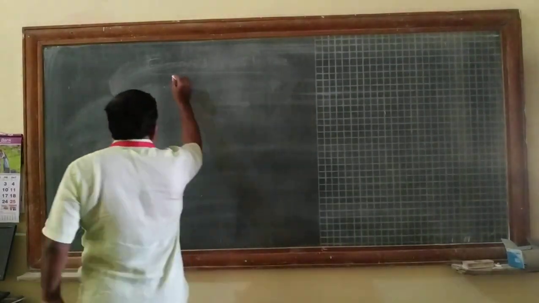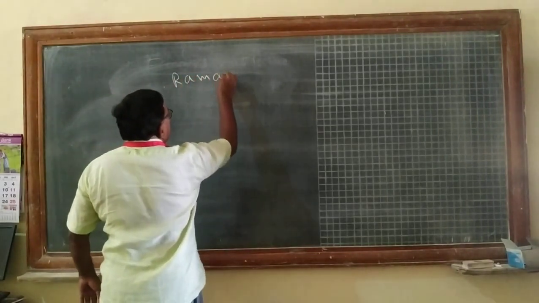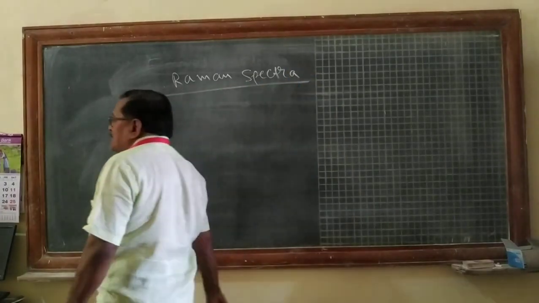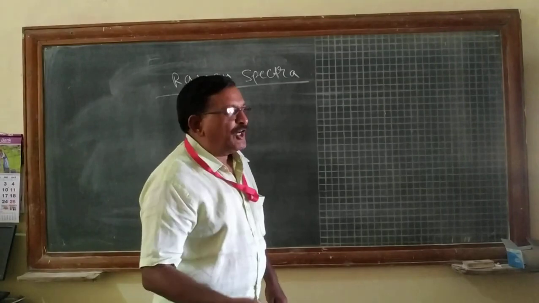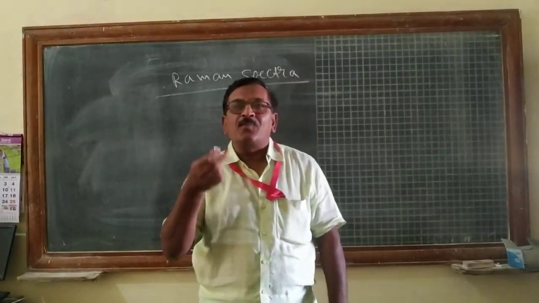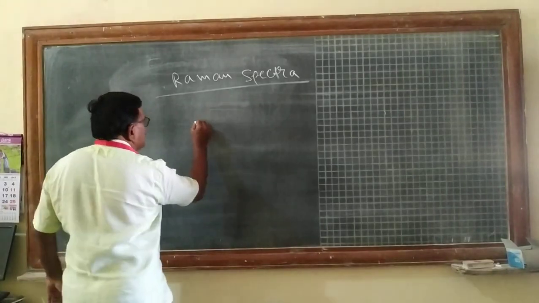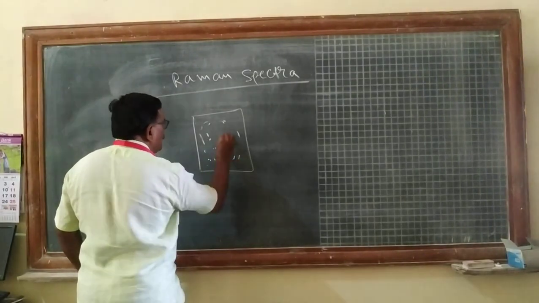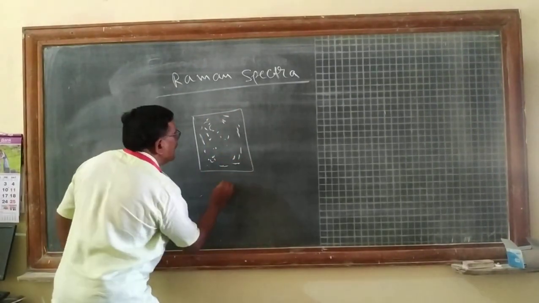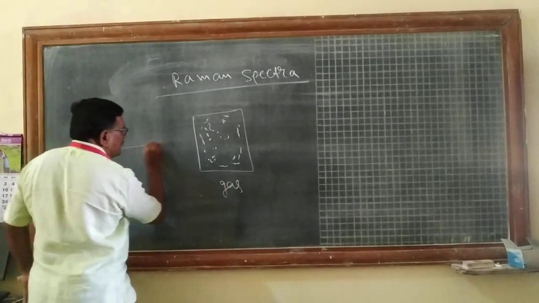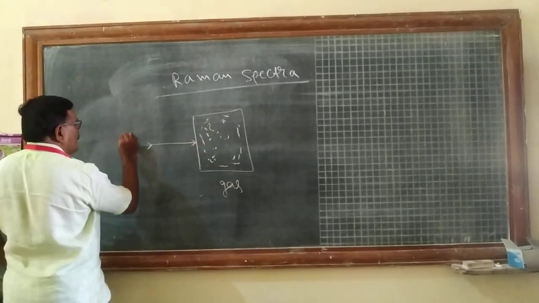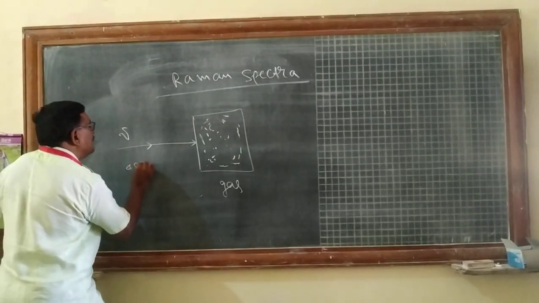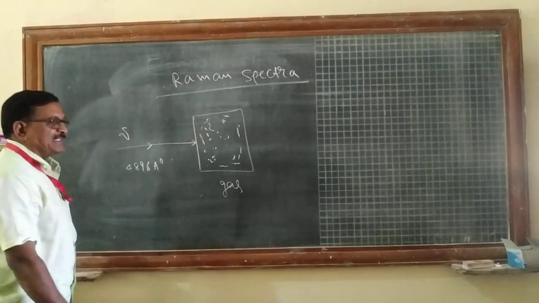So today's topic is Raman spectra. If you take a solid, liquid, or gaseous substance and pass a monochromatic light through it, for example a gaseous substance, I will pass a light of frequency nu, say 4896 angstrom units.